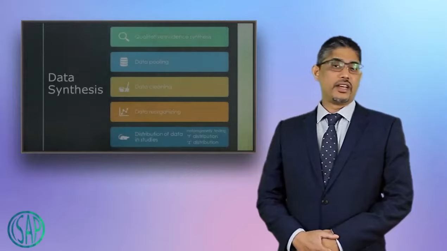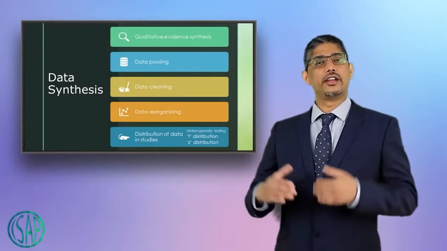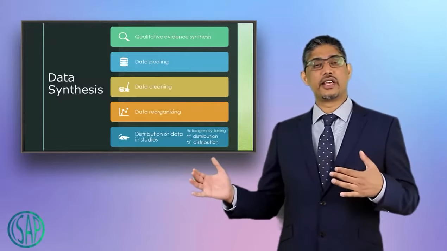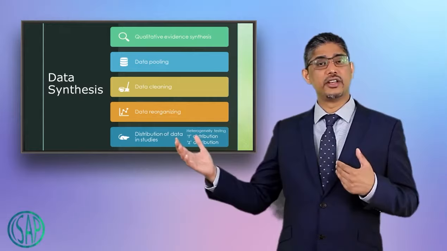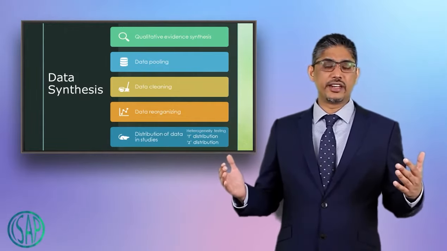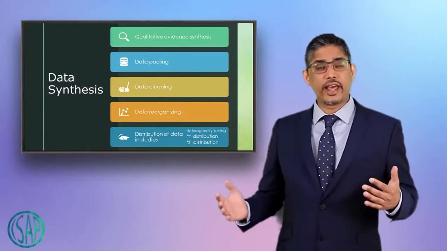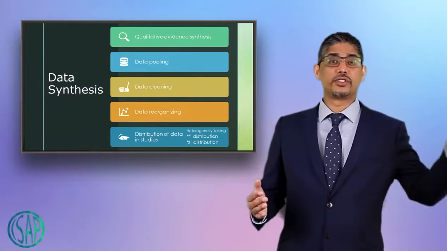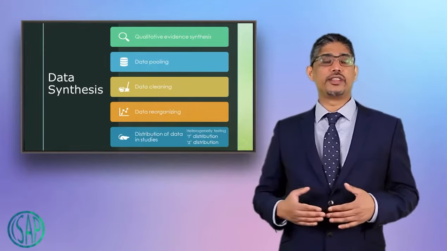Yes, because heterogeneity will result in spurious results, either overestimation or underestimation of the pooled estimates. So heterogeneity means there is a variance among the included studies. That means there will be variance among the outcomes reported as well. So some studies would have reported 5% mortality, some studies would have reported 30% mortality.